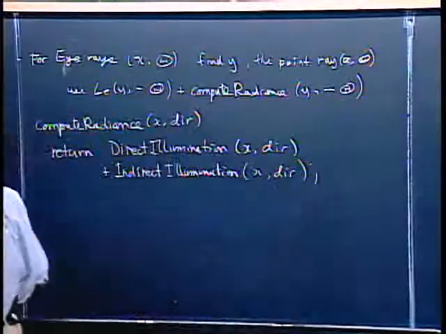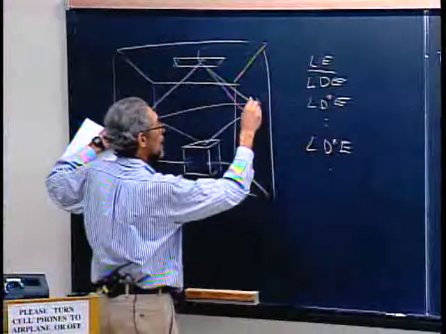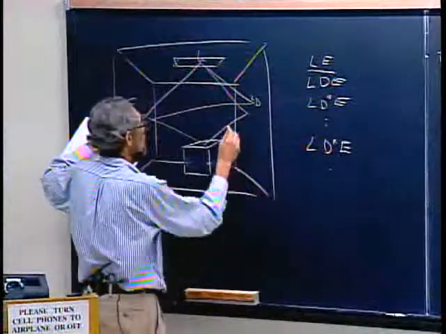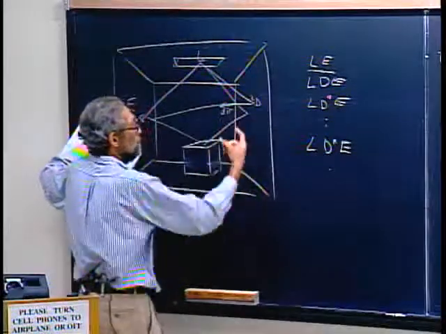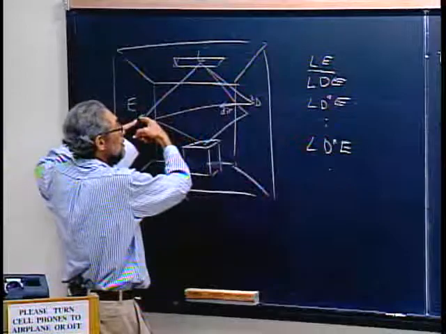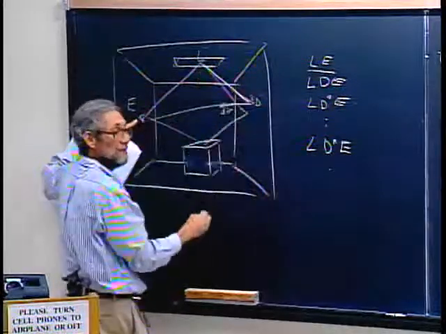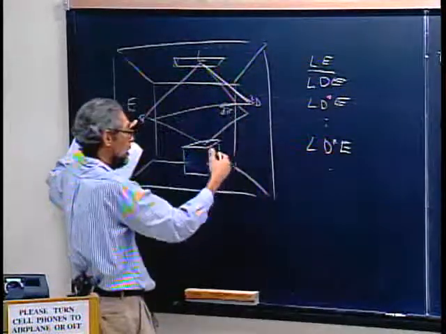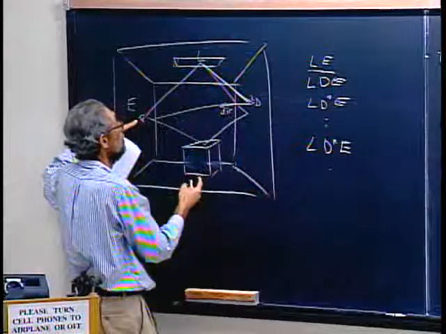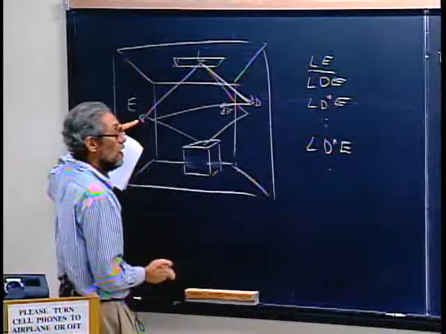So the idea is, if this is the point X, and we have a direction that it's supposed to be returning light to, direct illumination is going to sample the light sources and get the direct illumination that's not occluded by some other objects. For example, a point on this floor here, the box would be hiding the light source, at least part of it.